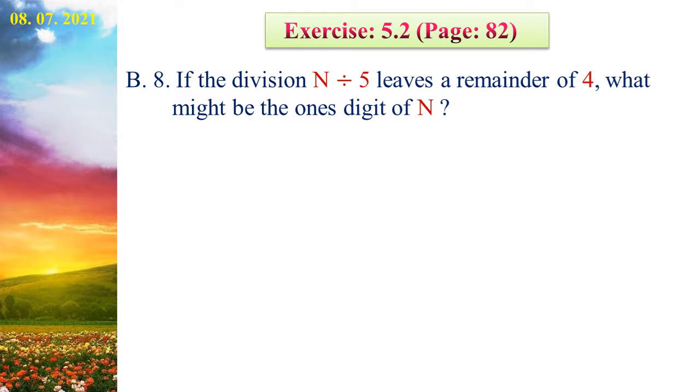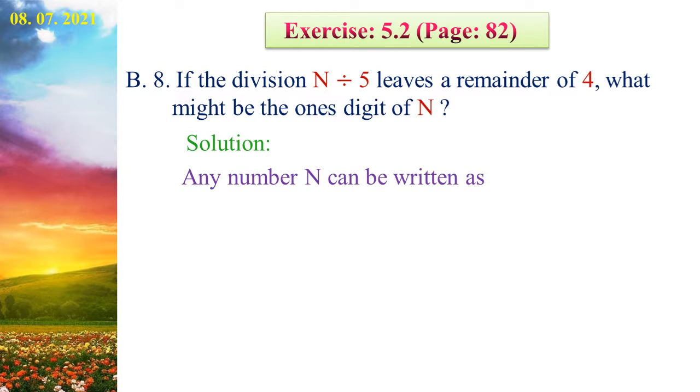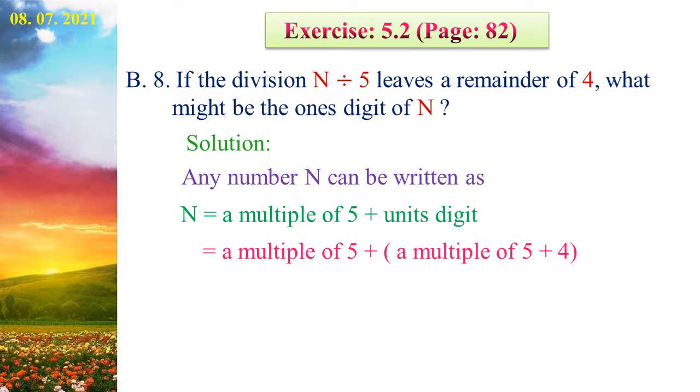Let's see an exercise problem. If the division n divided by 5 leaves a remainder of 4, what might be the ones digit of n? Solution: any number n can be written as a multiple of 5 plus the units digit, which can be written as a multiple of 5 plus 4.